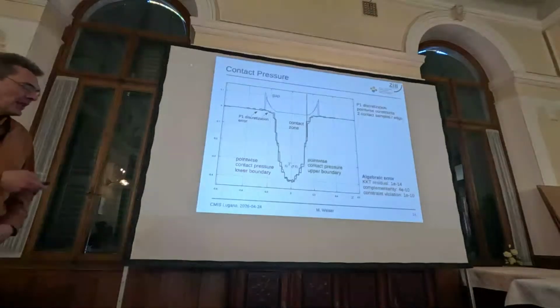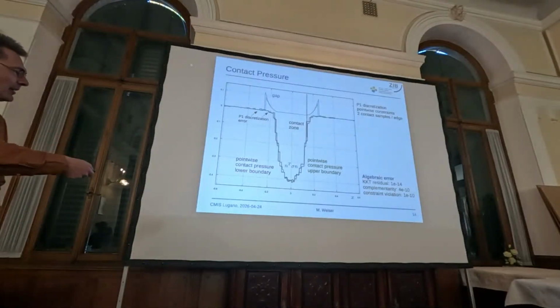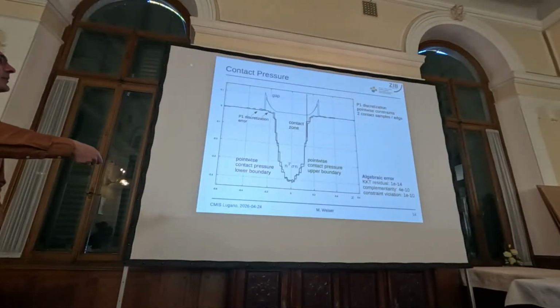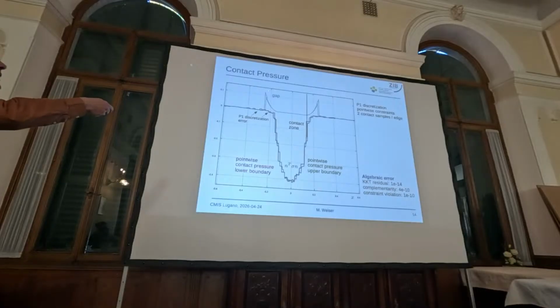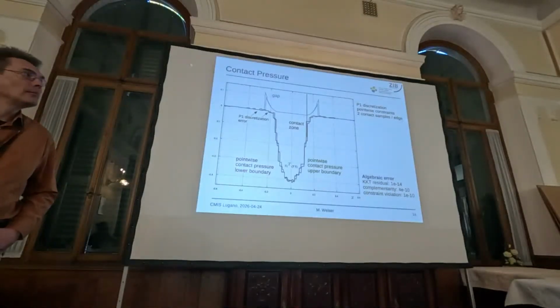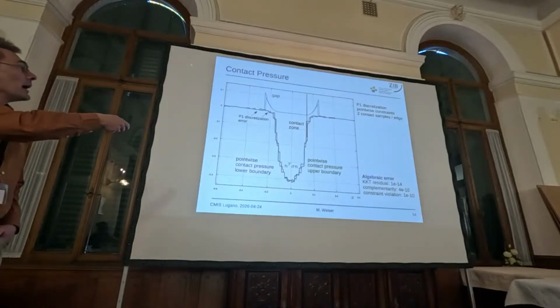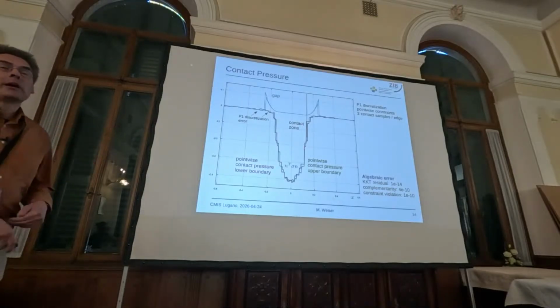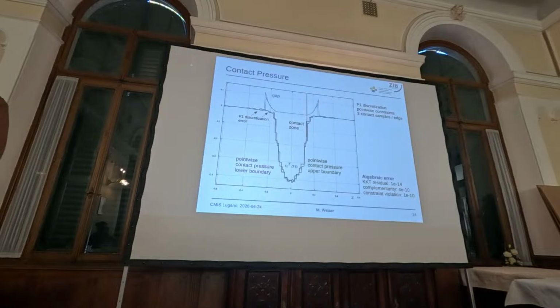So what do we see here? We have here the horizontal axis. We have the computed gap function here. Of course, here it's at 0. We have a contact area. And we recover the expected profile of the Hertzian contact pressure.